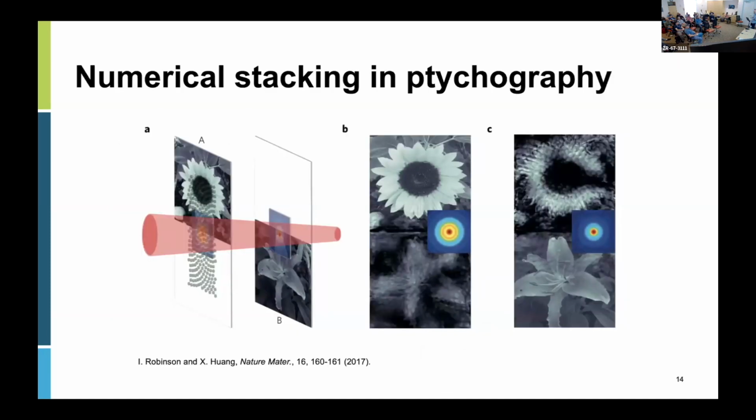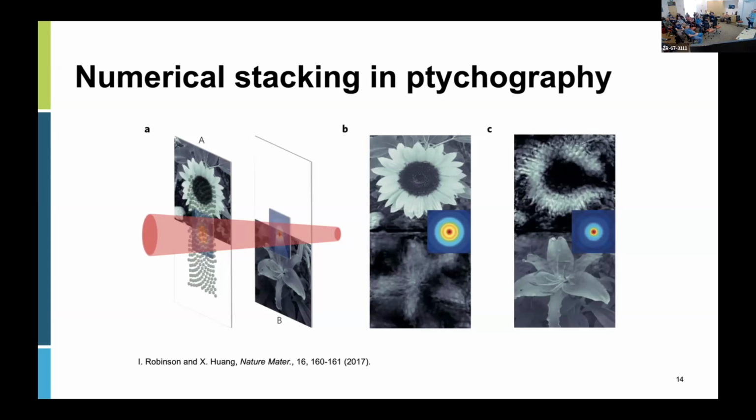Through simulation, we found ptychography can actually do this focus stacking numerically. So I took two images of flowers and separated them by a distance, and then I illuminated these two planes using a focused beam. Using this model, I simulated one ptychography data set.